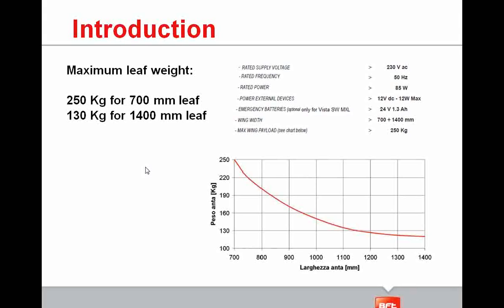But if you want to increase the width of the leaf, you must reduce the weight. So, for example, if you want the bigger leaf, 1.40 meters, the maximum weight must be 113 kg. So this is very important to know.